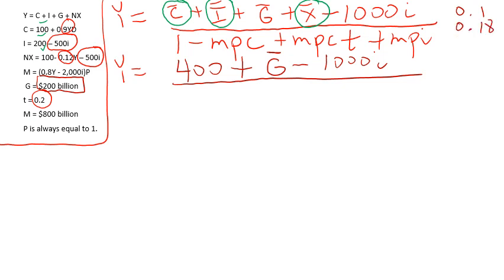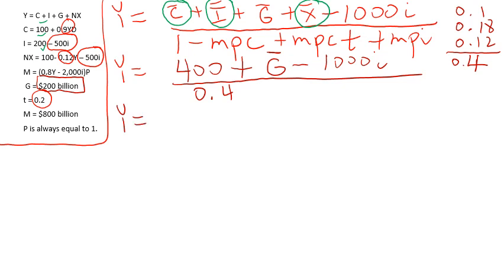And then MPI, that's 0.12. We add them up and we get 0.4. Okay, so it's 0.4.